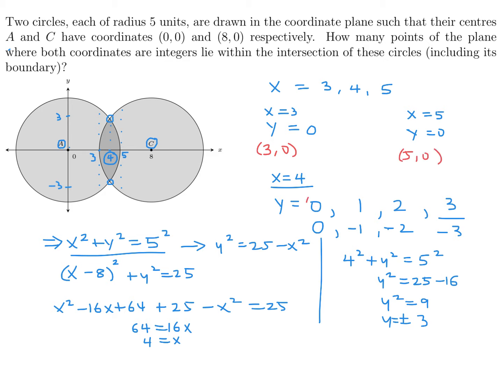And then from this list here, we get (4, 0), (4, 1), (4, 2), (4, 3), and then (4, negative 1), (4, negative 2), and (4, negative 3). So that is 1, 2, 3, 4, 5, 6, 7, 8, 9. 9 intersection points within those two circles that have integer coordinates.